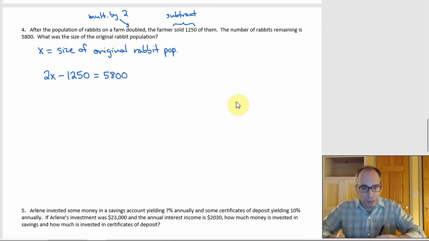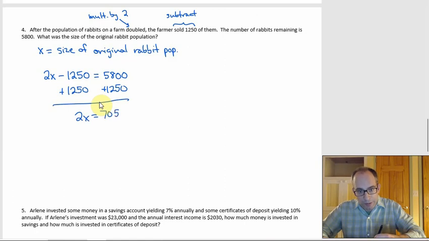So those expressions have to be equal, right? Because basically what it says in that second sentence is after these things happen, this is where we are, at the 5,800. And then this is solvable, and it's not too bad. You'd add 1,250 to both sides, and then we're going to get that 2x is equal to 7,050.